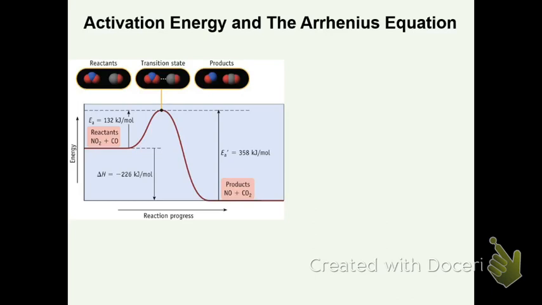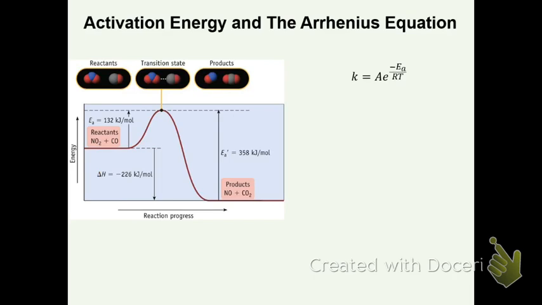And so in these diagrams, we can identify that the enthalpy change for the reaction is the difference in energy between the reactants and products, so shown here. And the activation energy is the difference in energy between the reactants and the transition state. So the enthalpy of the reaction will be related to the thermodynamics of the reaction and how many products form. The activation energy is related to the rate at which the reaction actually occurs.